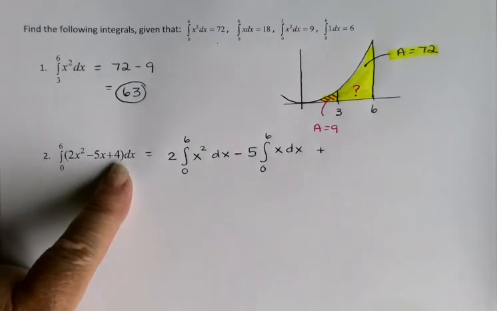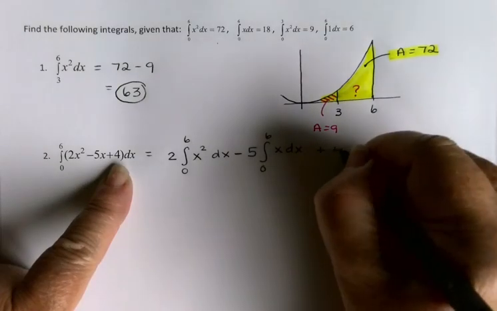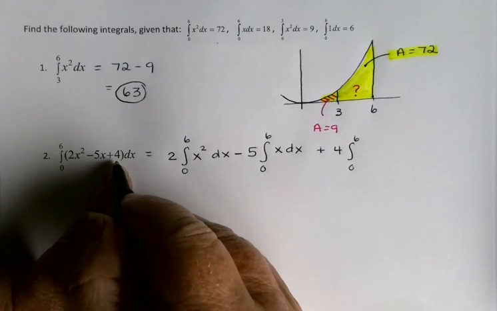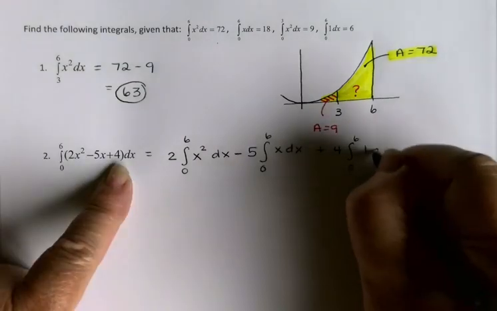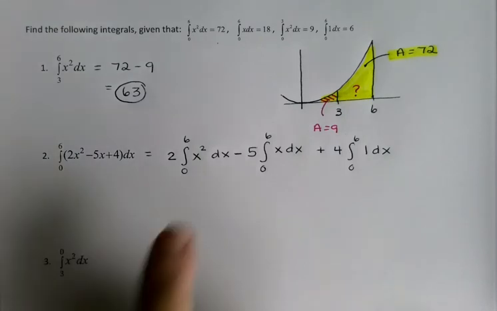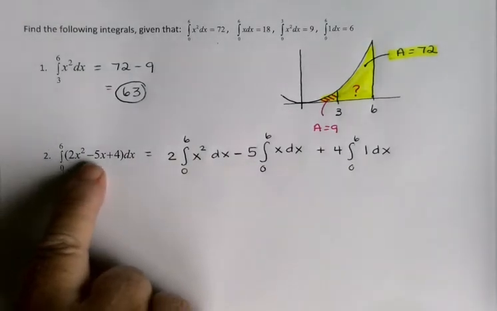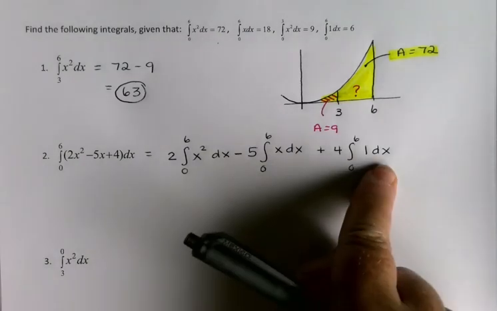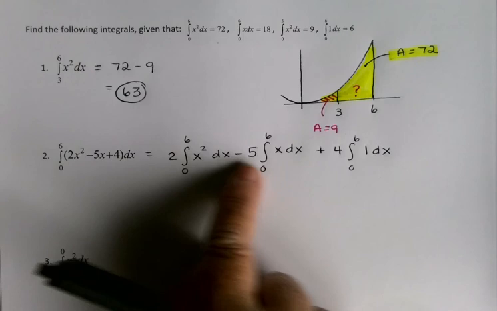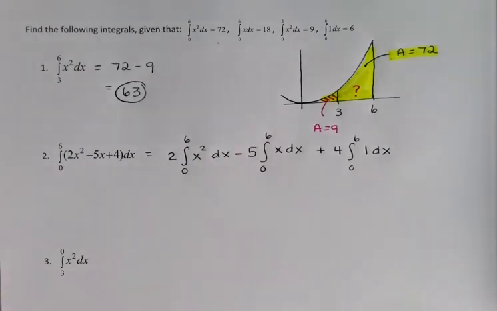That 4 is a constant multiplier. If I brought that constant multiplier out in front of the integral, 4 divided by 4 would leave 1 inside. So all I've done there is split this up as 3 separate terms, 3 separate integrals. And in each case, I've taken the constant multiplier and brought it out in front of the integral.